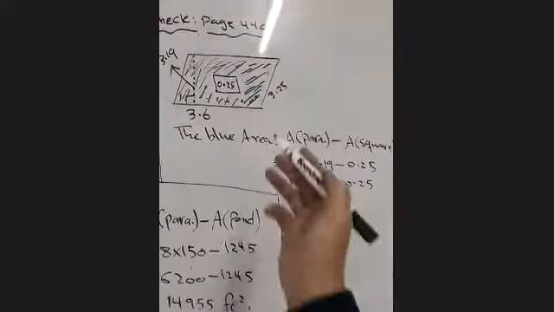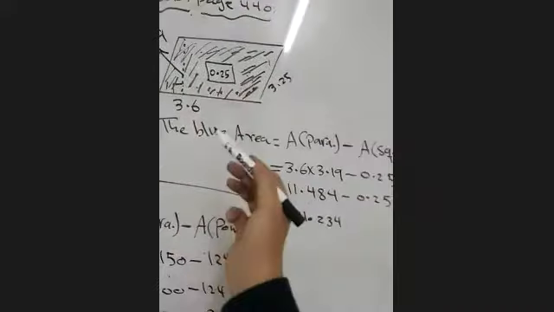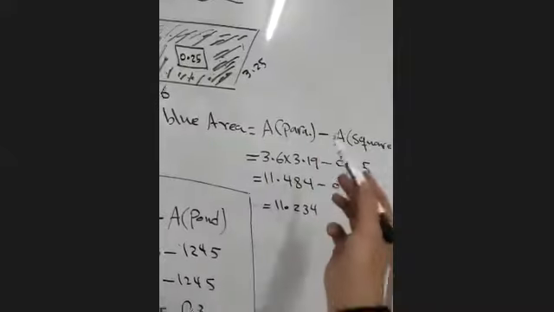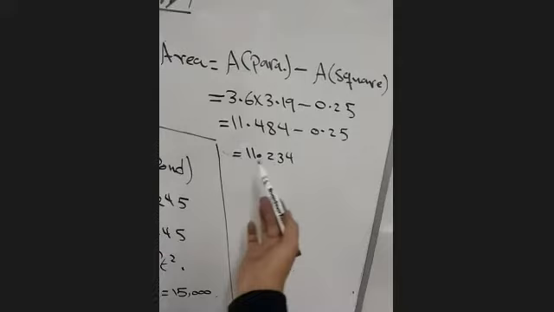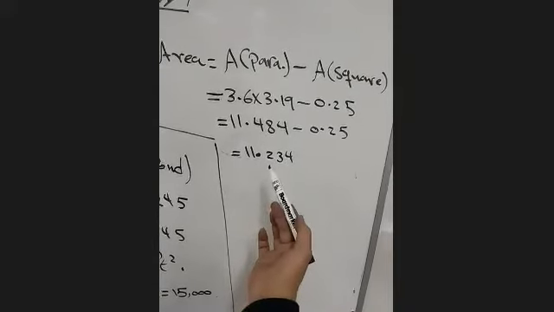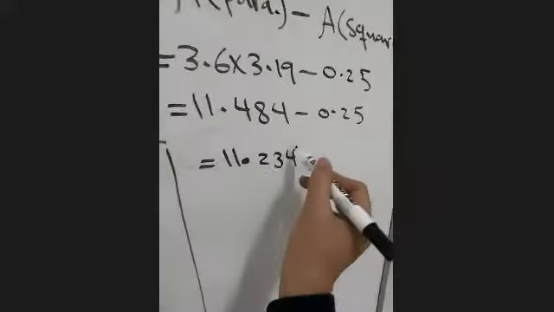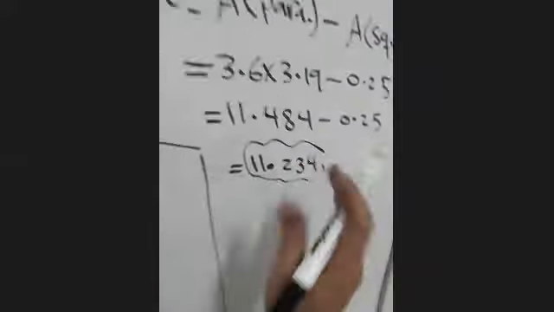It will be 11.234. Now look at the board. What we did, guys, we found the blue area, which is the whole area minus the area of the square. Which is how much here? 11.234. Focus with me a bit now. This is the blue area.